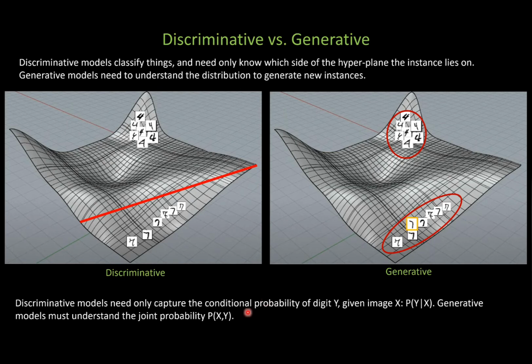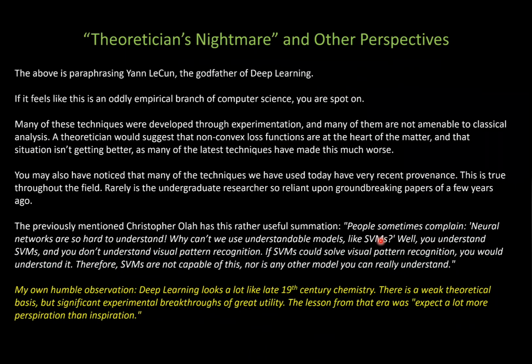So we capture not only the conditional probability, but the joint probability, which is a way of saying we understand the actual distribution of these in space. Not just, given this input, is this the output, but how the two relate to each other. It's a harder problem to solve, but it allows you to be generative. And that's a whole class of problems and useful things to do.